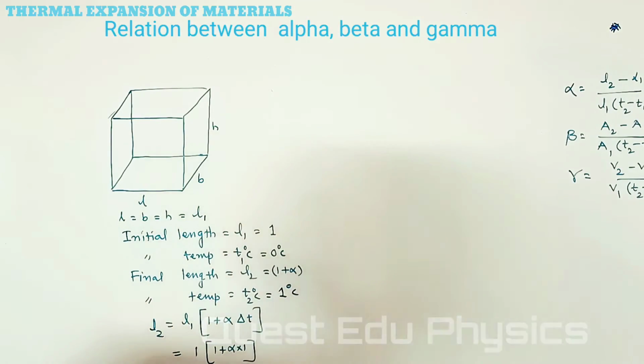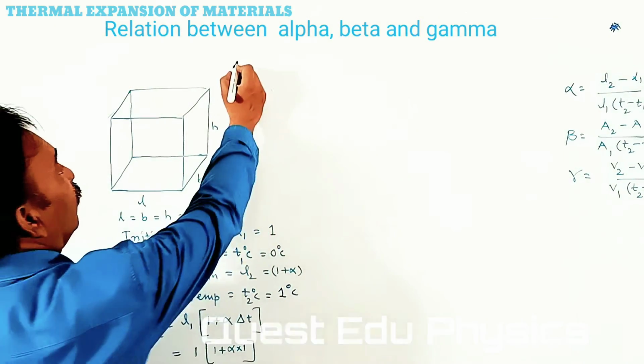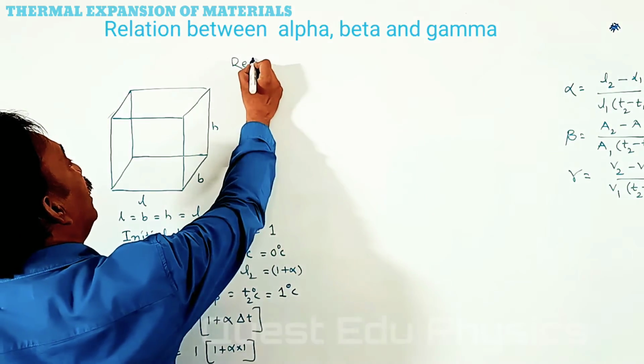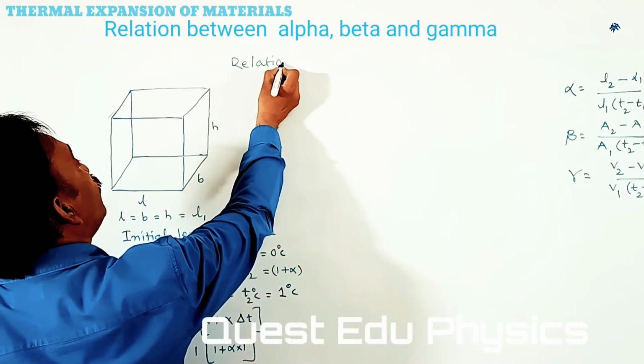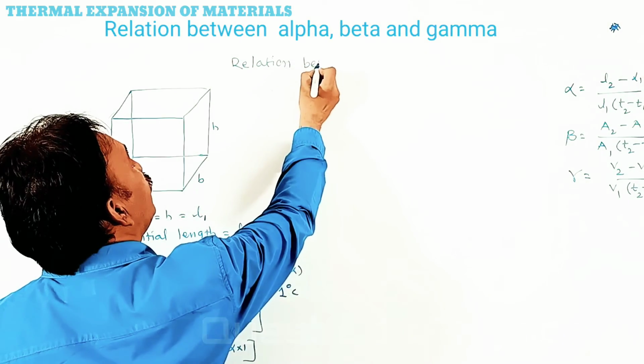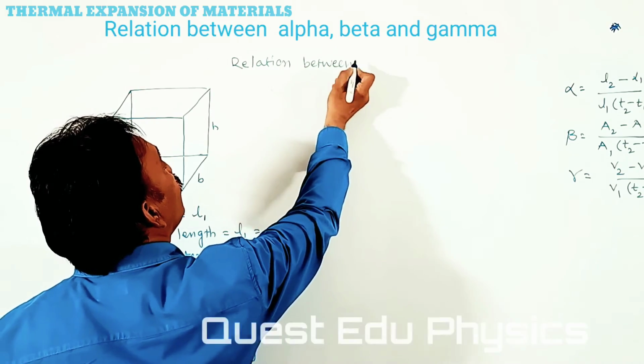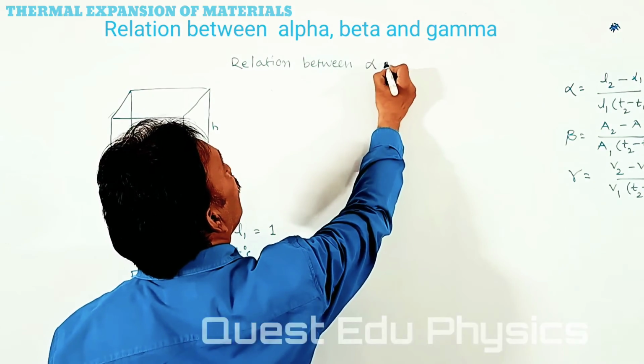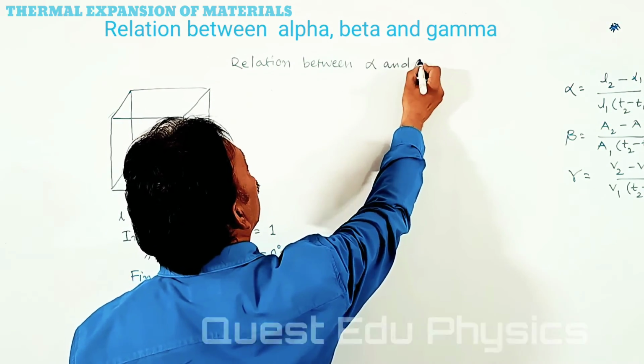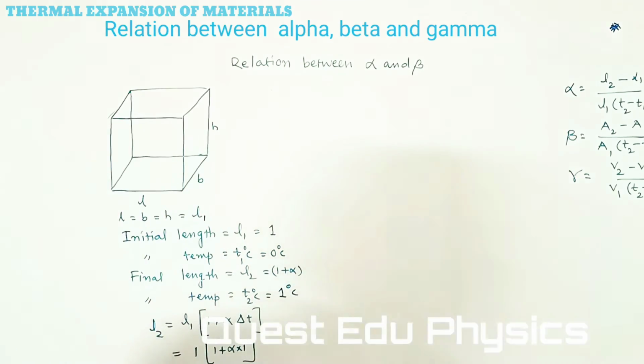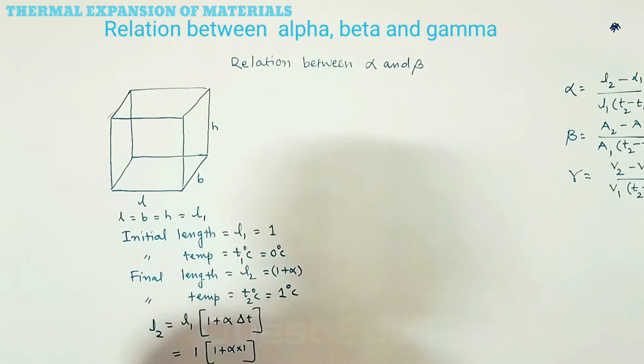Okay, students. Now we are first finding the relation between alpha and beta, students. First we have to find out the relation between alpha and beta.